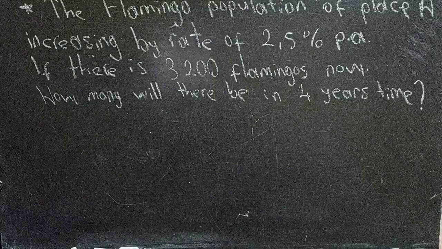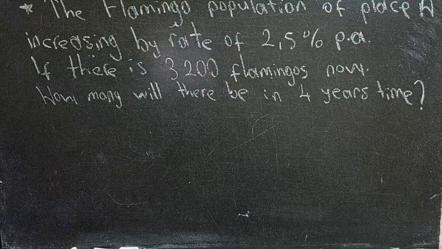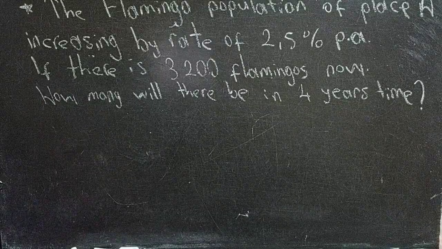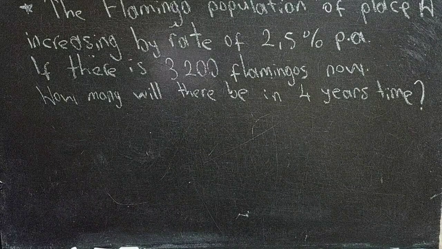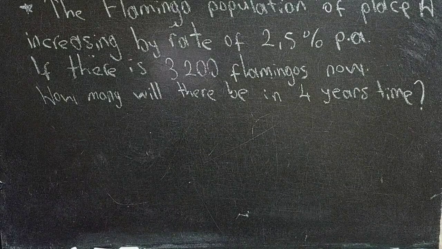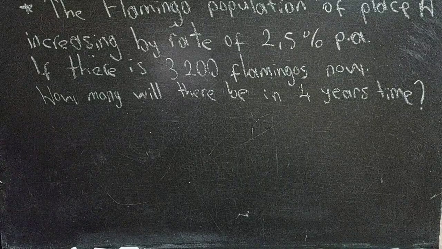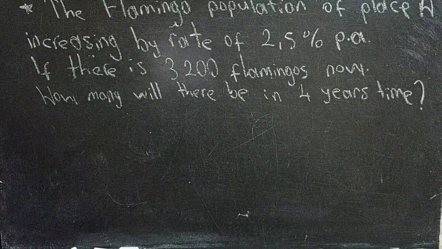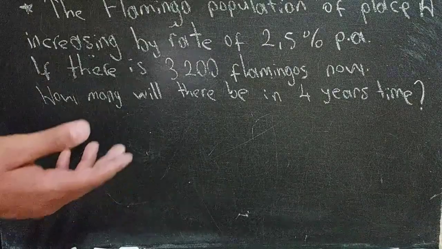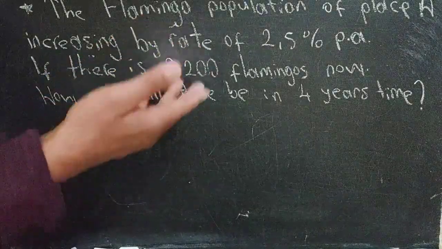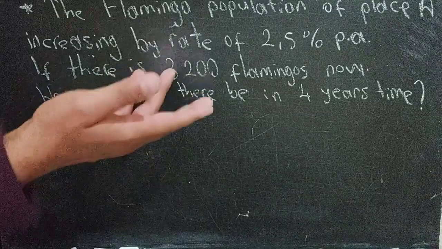All right, now remember I showed the formulas, and generally we talk about money for simple interest and compound interest, but you will sometimes come across other questions which are not about money.